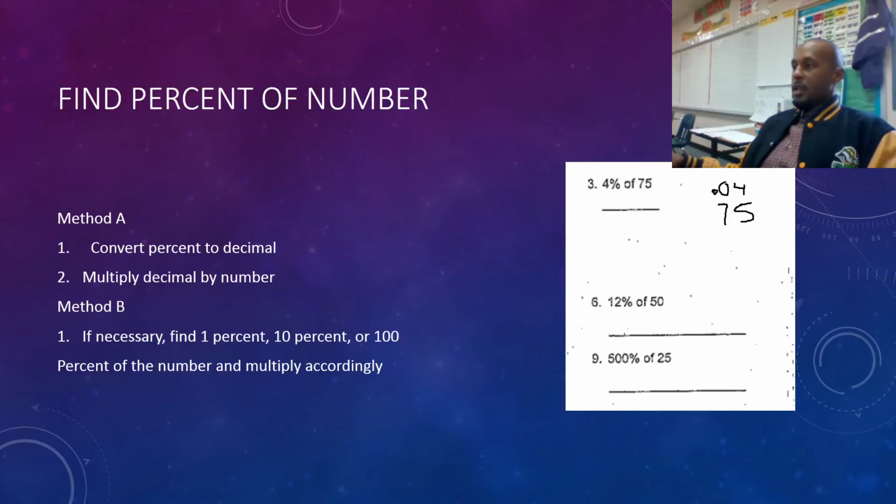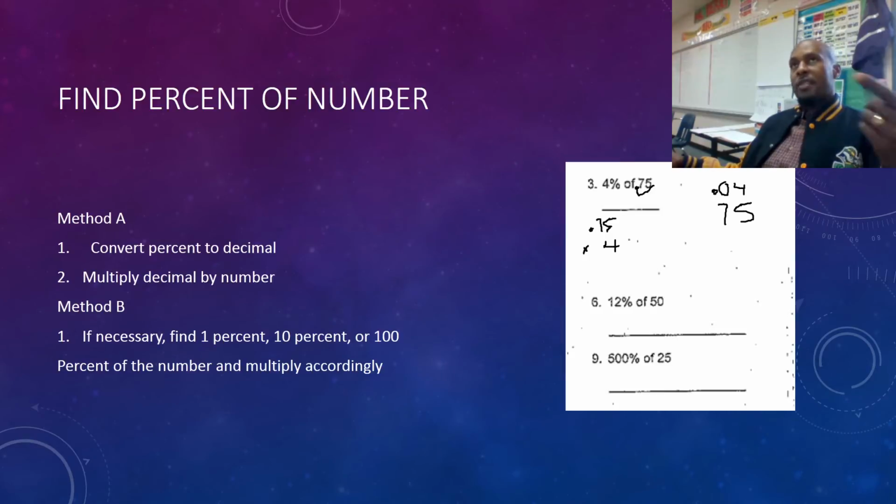Or I can say 1% of 75 is 0.75, because to find 1%, I move my decimal over 2 times to the left. If I want to find 10%, I move my decimal over 1 time to the left. So 0.75 is 1%. If I want to find 4%, I just do 0.75 times 4.